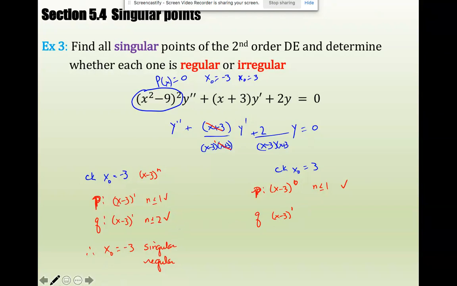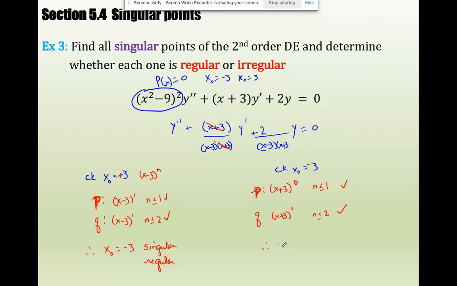I'm such a silly person. That was positive 3. This was negative 3, right? So x minus 3's to the first and to the first there. Negative 3 would make this x plus 3 and this x plus 3. X plus 3 was to the 0 in the coefficient of y prime. In the coefficient of y, x plus 3 was to the first, but the restriction is n has to be less than or equal to 2.